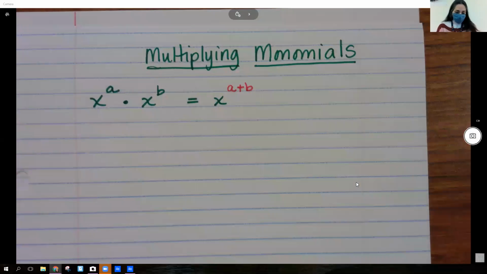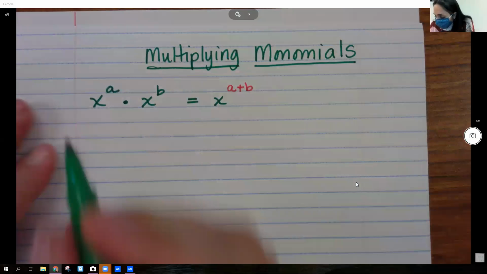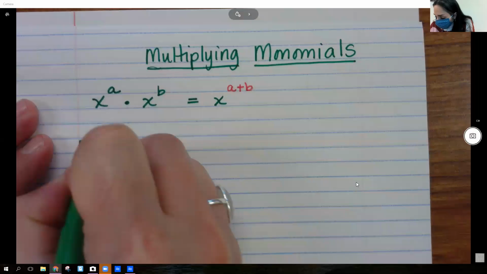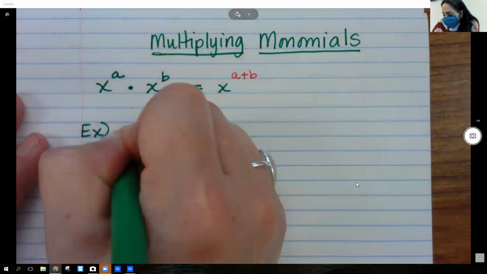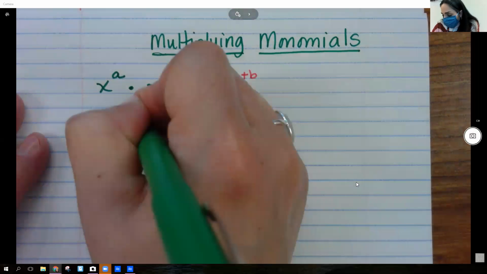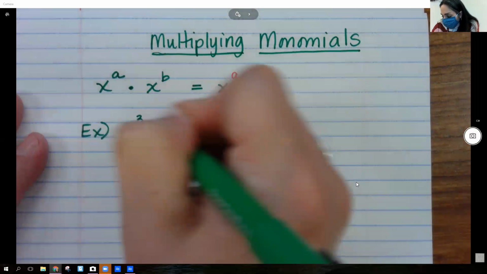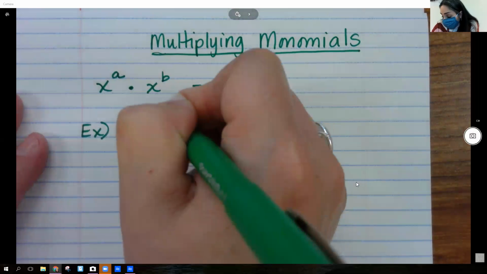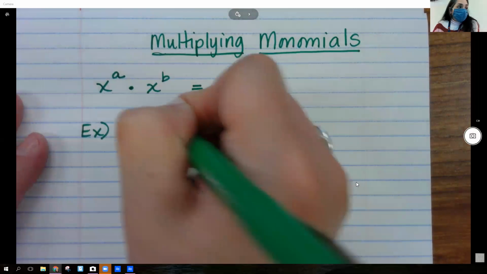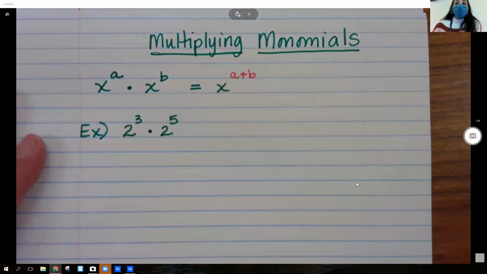So let me show you something like a super basic one, okay? With numbers. So let's say that you had 2 to the 3rd power times 2 to the 5th power, okay? So this one doesn't even have variables in it.